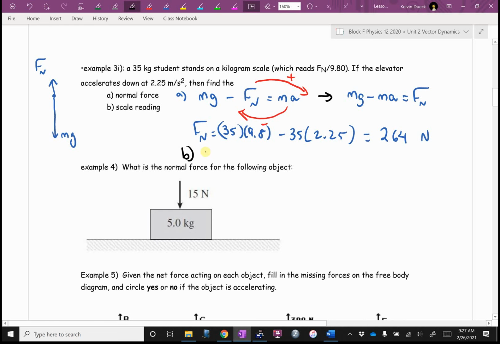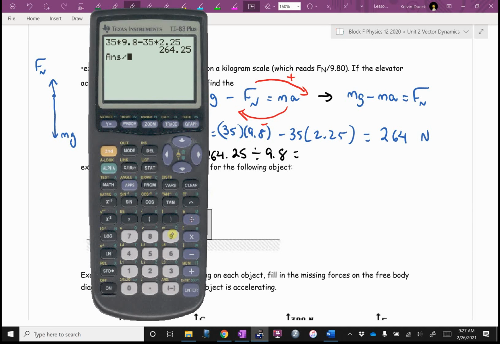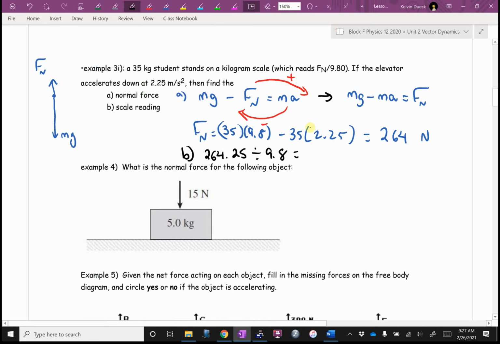So if I go 264.25 divided by 9.8, even though this student's actual mass is 35 kilograms, the scale would be displaying it as 27 kilograms. This student would feel 8 kilograms lighter.